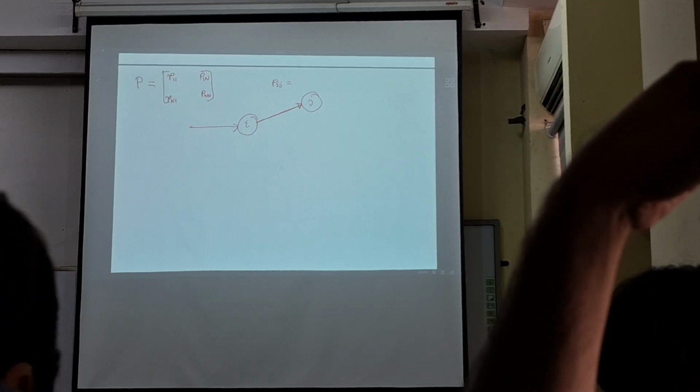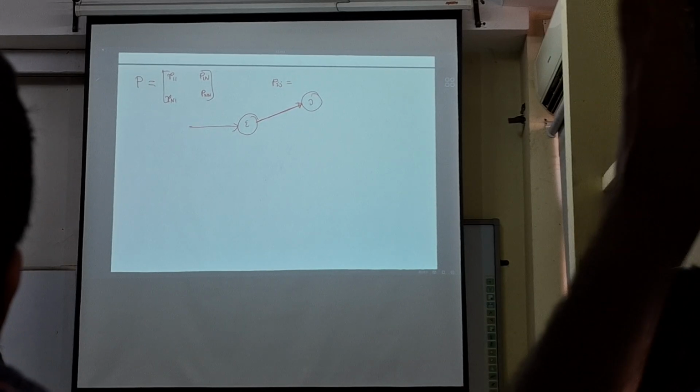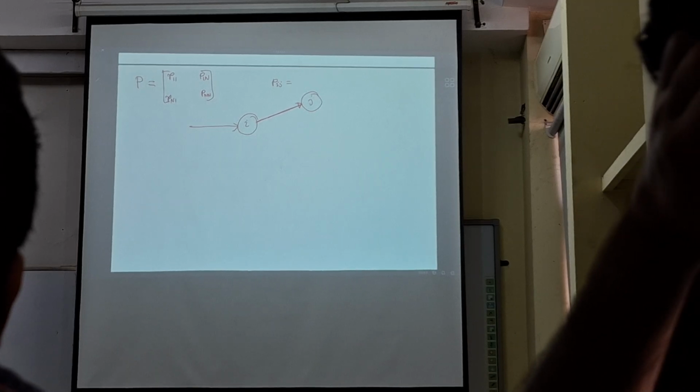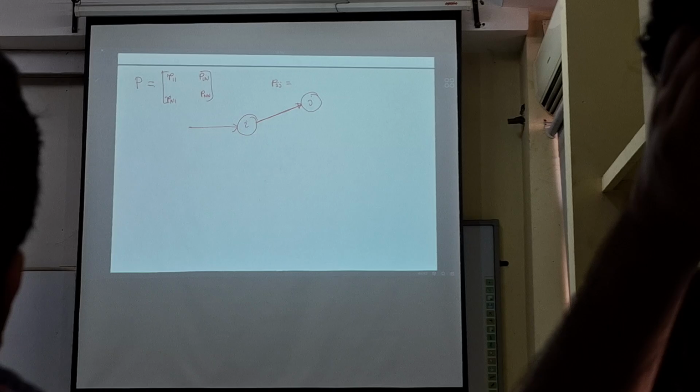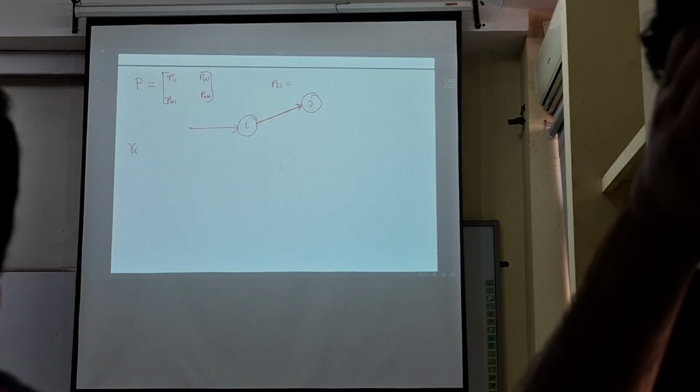We are wondering, since the exact numbers are not available, what can we do? We can find out some expectations, some fractions, some probabilities. Right? To do that, we define two variables. One is gamma.